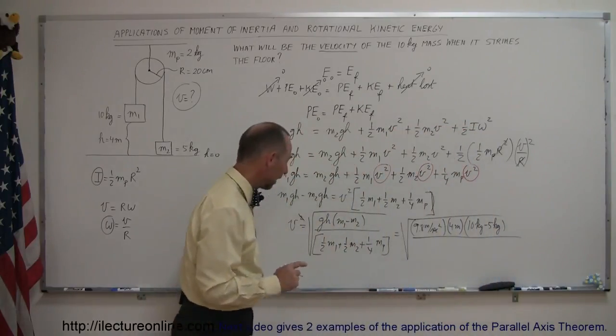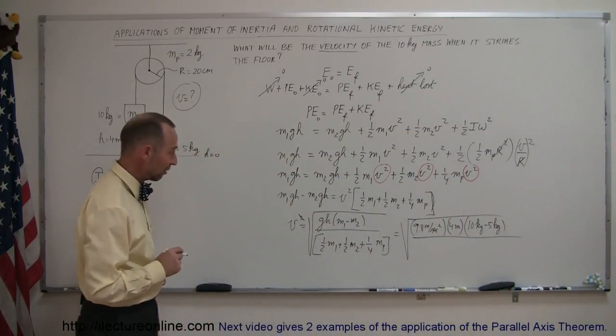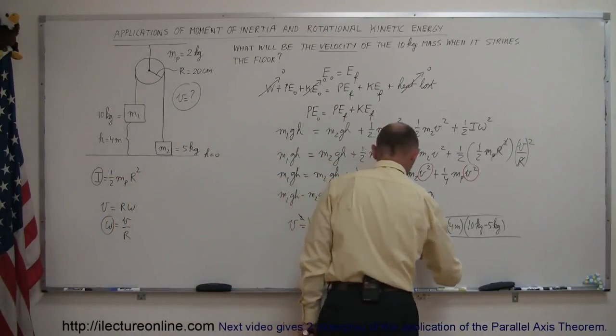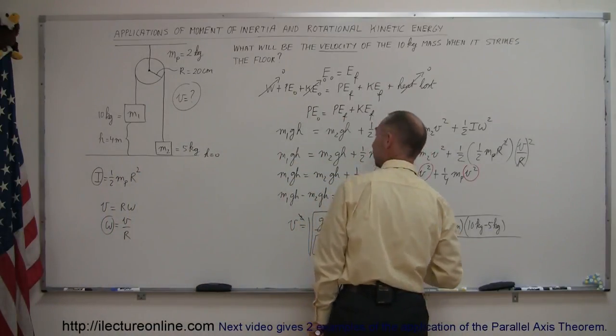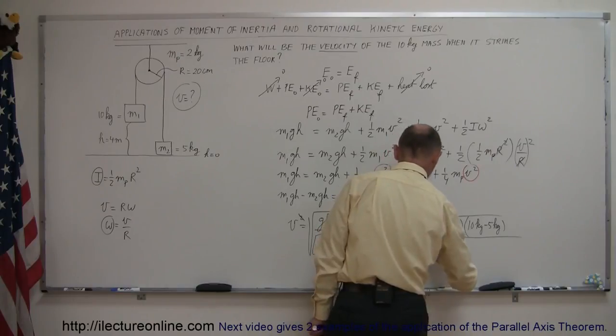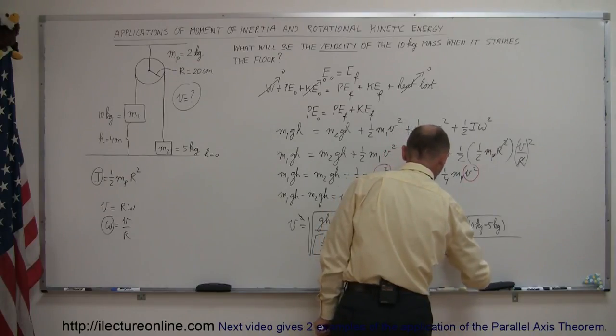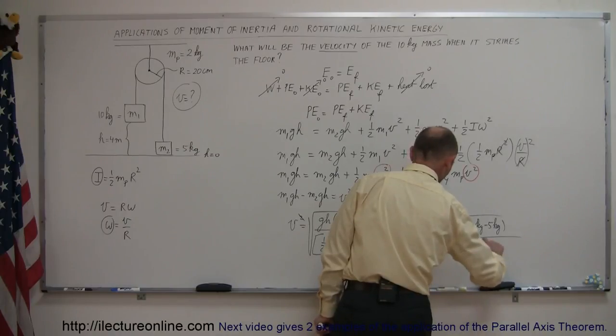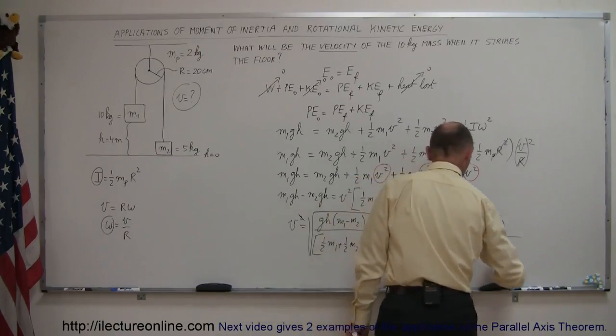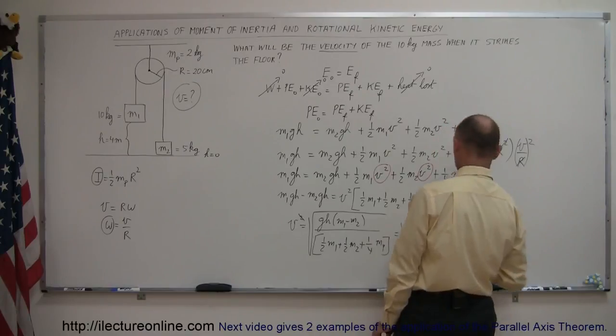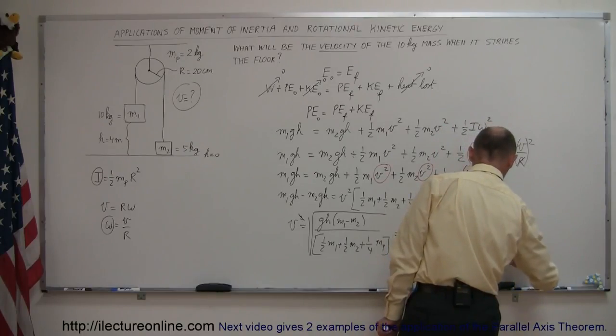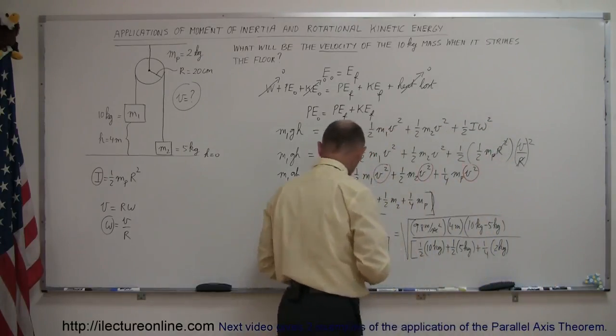And I divide the whole thing by half mass 1 plus half mass 2 plus 1/4 the mass of the pulley. So that would be 1/2 times 10 kilograms plus 1/2 times 5 kilograms plus 1/4 times, let's see here, 2 kilograms. And what do we get?